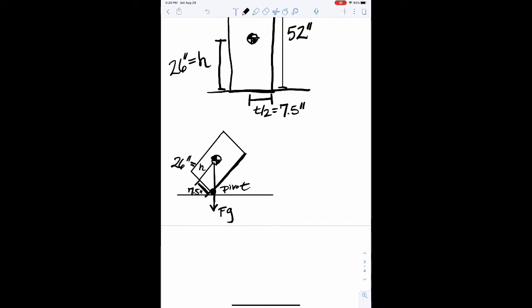All right, so anyways, that sets up a 90-degree right triangle.